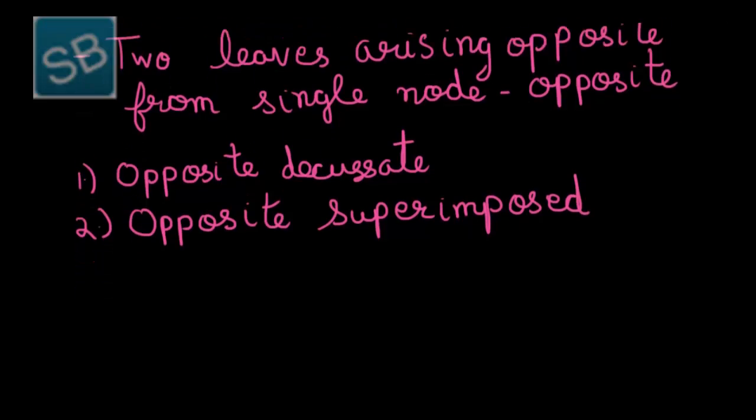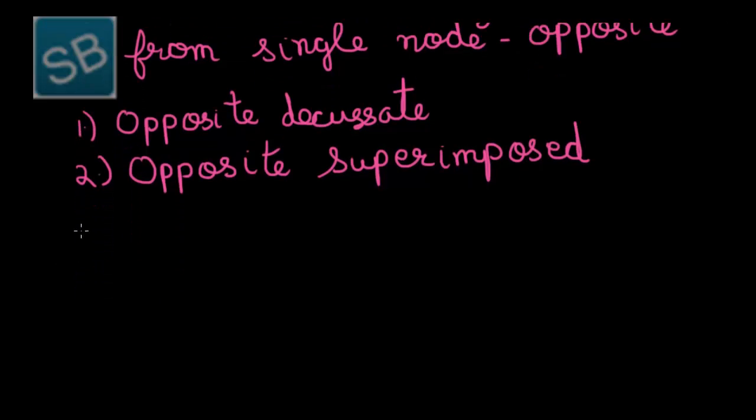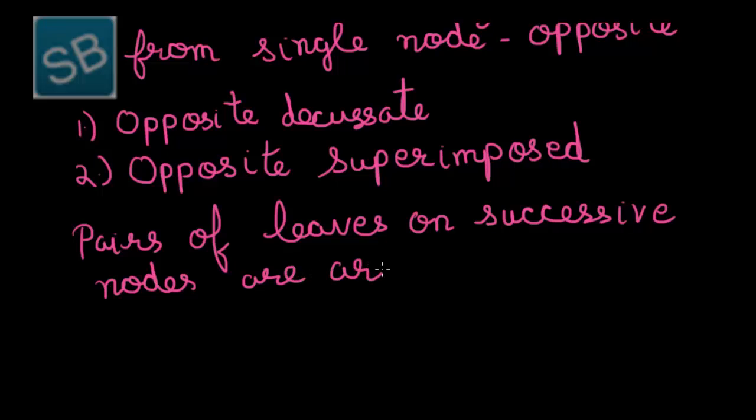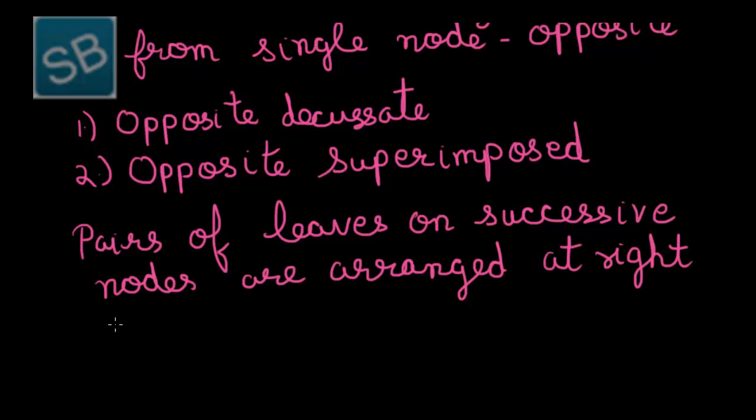When pairs of leaves on successive nodes are arranged at right angles, then such a type of phyllotaxy is known as opposite decussate.